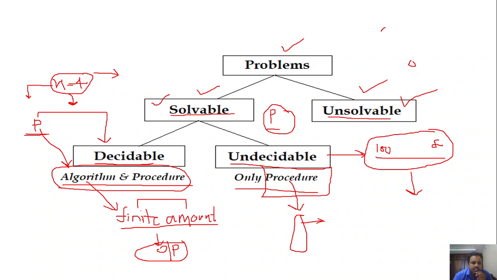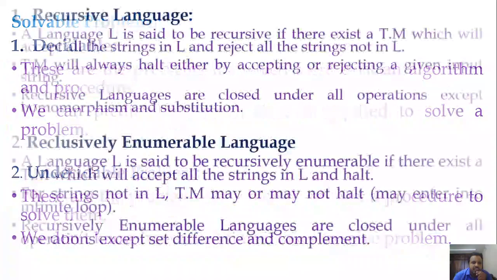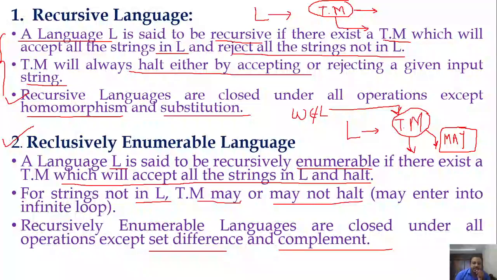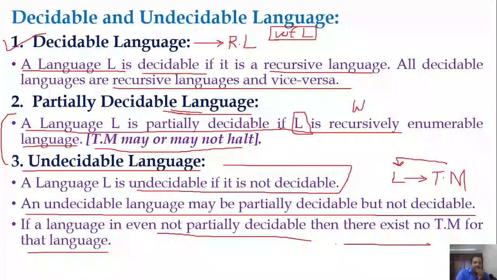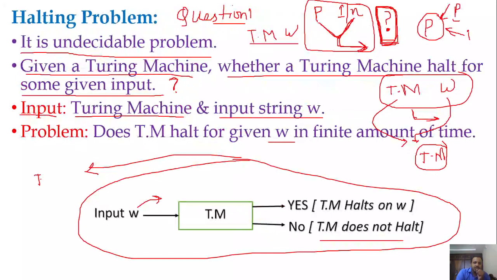Then we saw the difference between an algorithm and a procedure: for decidable problems there exist only algorithms, and for undecidable problems there exist only procedures. Next, the difference between decidable and undecidable languages, and partially decidable, undecidable and decidable languages, and then the halting problem. These are the important topics that you have to remember for your examinations. You may get short answer questions on these topics.